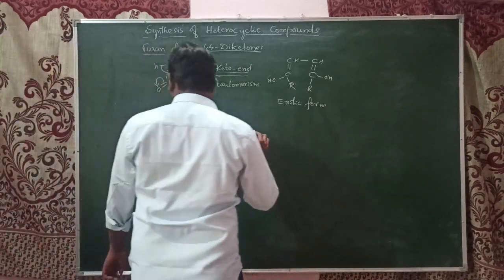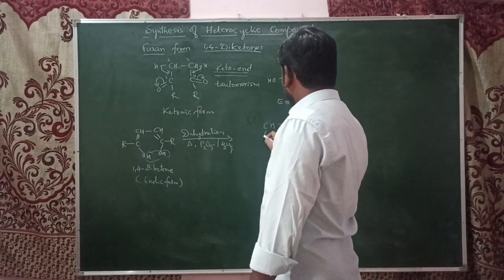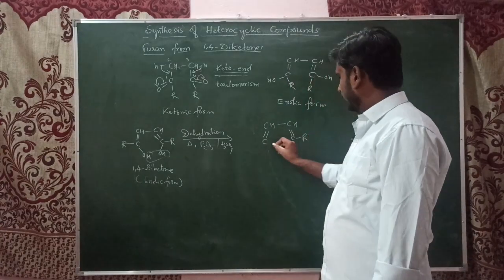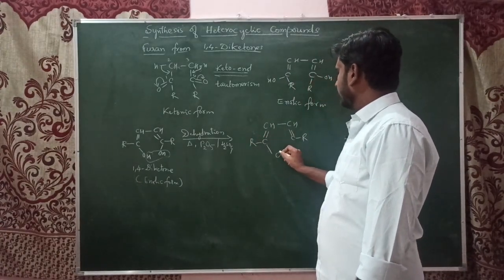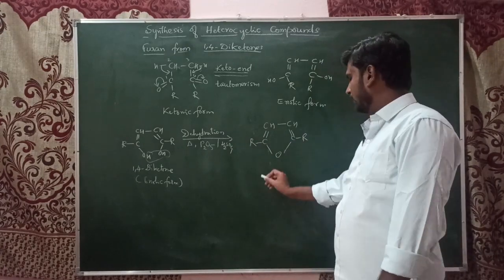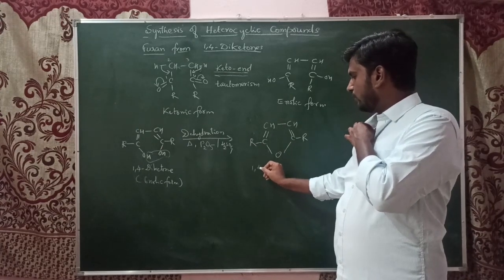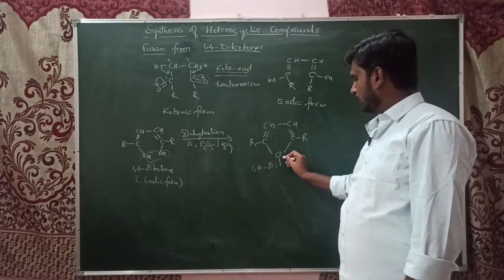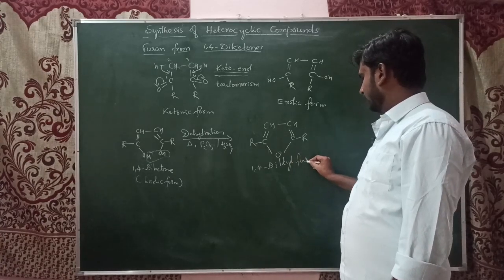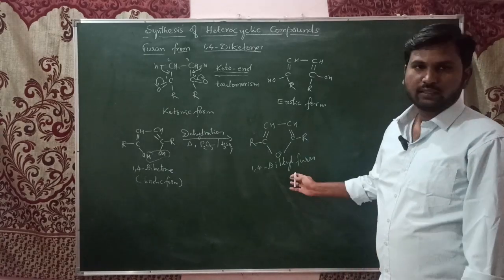So now it becomes CH, CH double bond C, double bond C, R, R, and this becomes O. This is nothing but a derivative of furan. So it is 1,4-dialkyl furan. 1,4-dialkyl furan can be prepared.